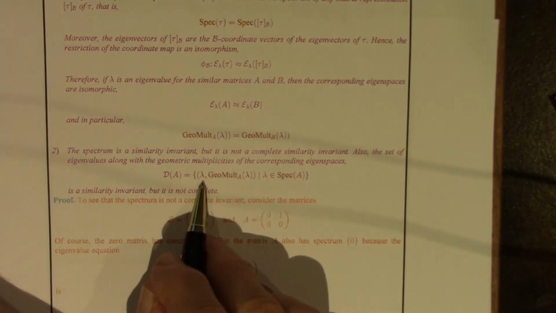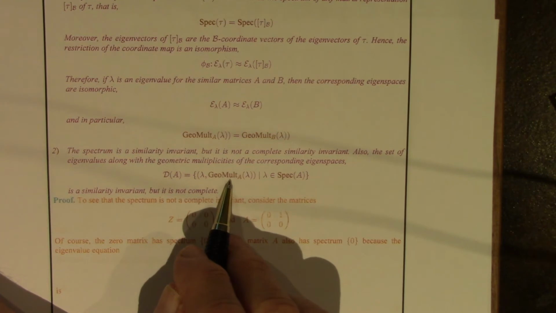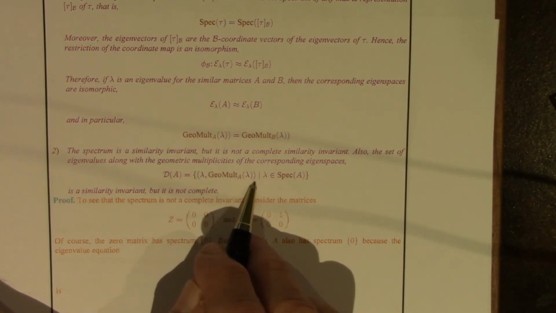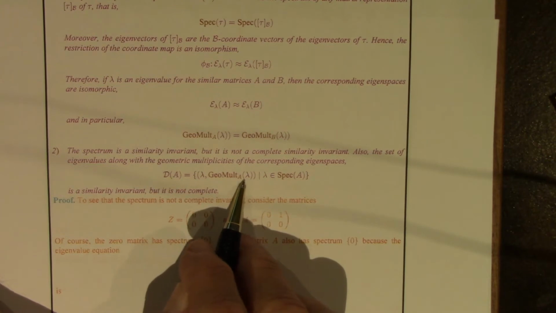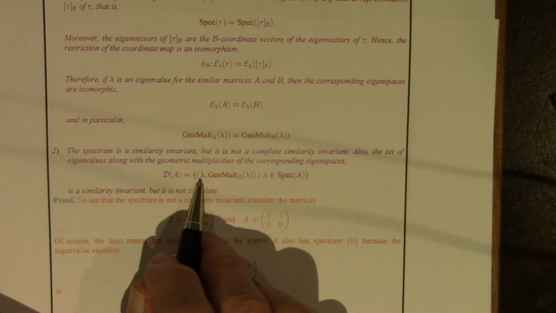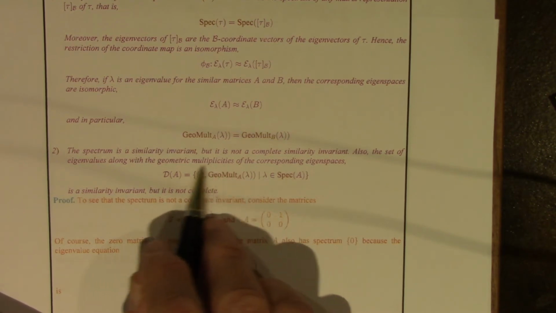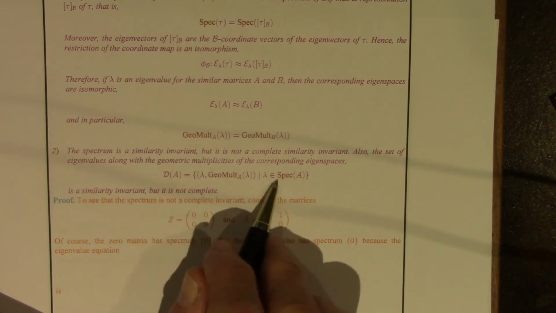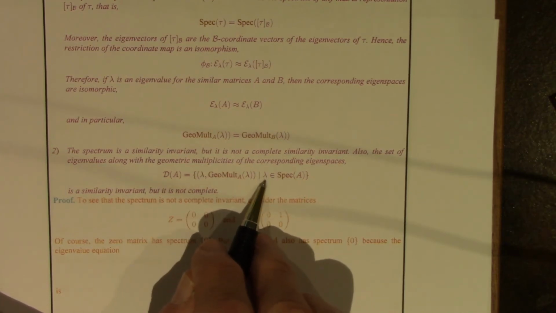In other words, if we pair each eigenvalue with its geometric multiplicity, this set of ordered pairs is also a similarity invariant. The spectrum is, and so is this. This is more information than just the spectrum. The spectrum would just give you the eigenvalues.